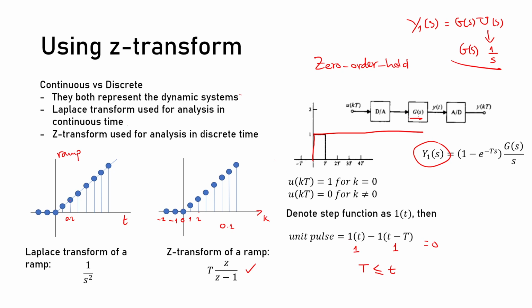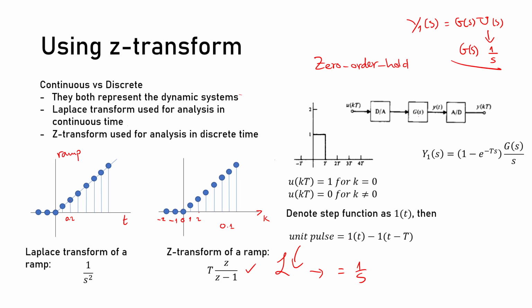But now we only take one unit pulse, right? Just one unit pulse, so the input is like this, and then we can use the Laplace transform of the input. So this is the Laplace transform of the unit pulse. When I use the Laplace transform, what do I have? This one is 1 over s, right?